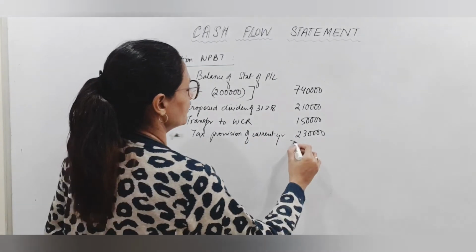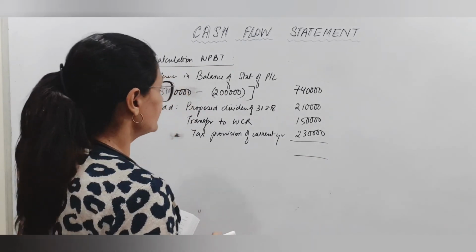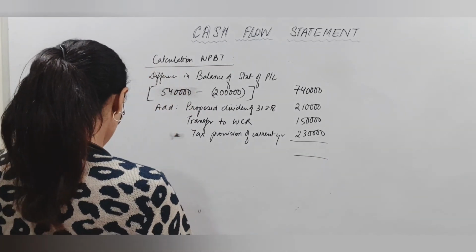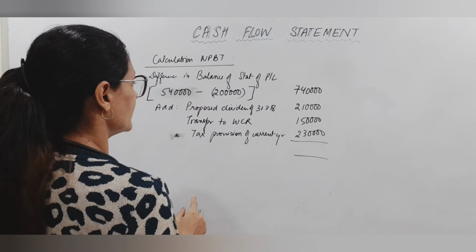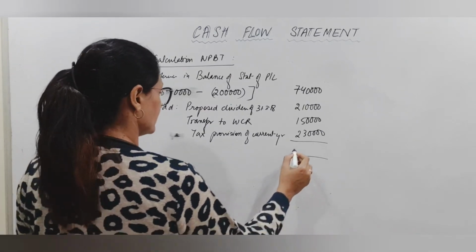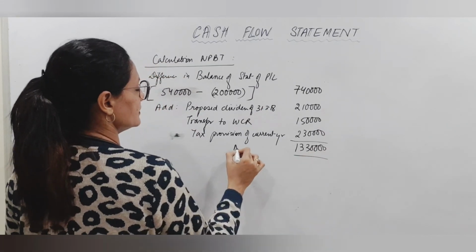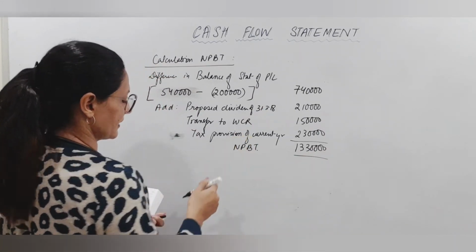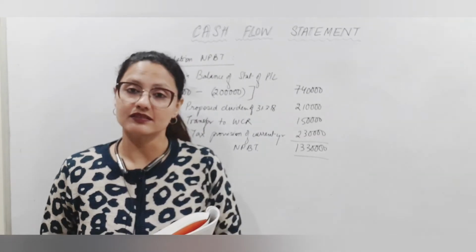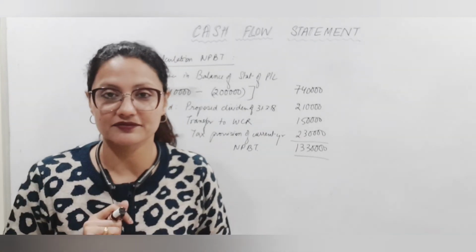Alright, now if I add all of this, I get net profit before tax. 1, 2 and 3 figures, so it comes to 13,30,000. This is net profit before tax. And with this amount, we will start with the cash flow statement.